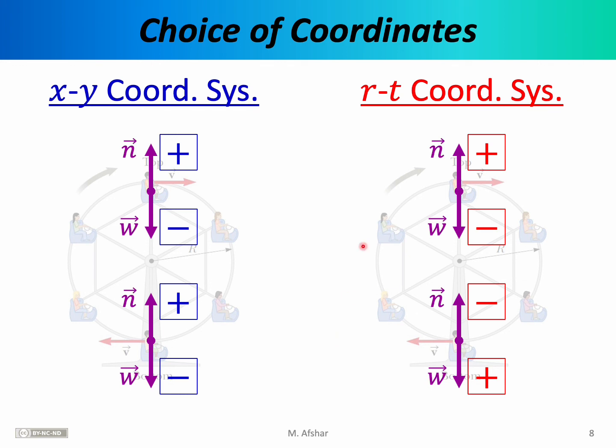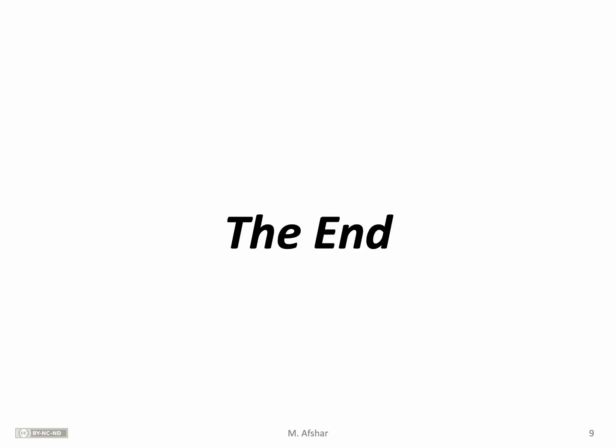However, the RT coordinate system has the immense advantage of giving us the acceleration quite simply as minus v squared over r. In the RT coordinate system, we can always say that the radial acceleration is minus v squared over r. However, we do not have that advantage in the XY coordinate system. And that's the end of this lecture.